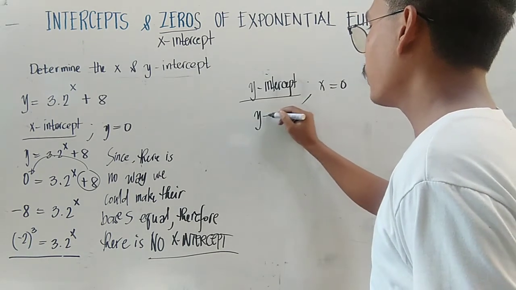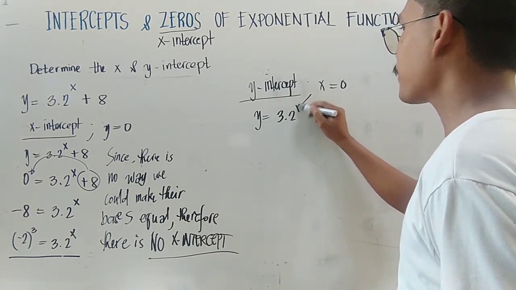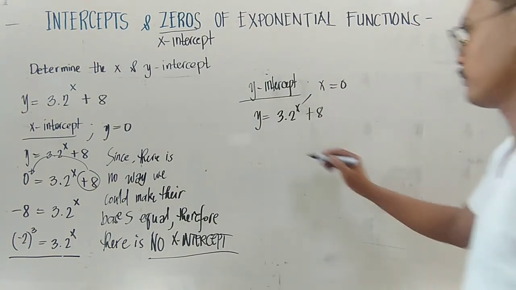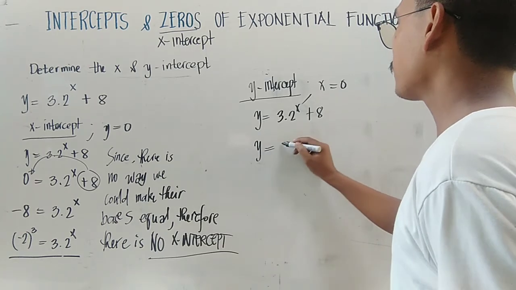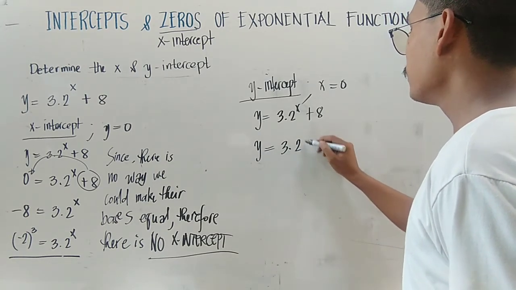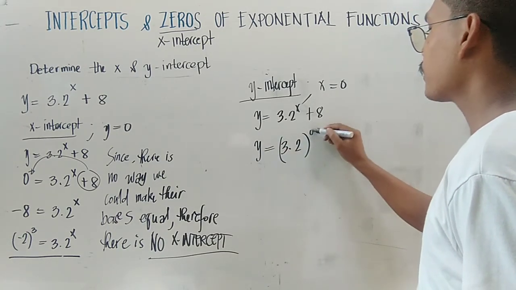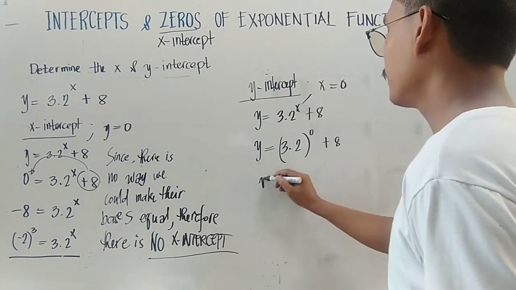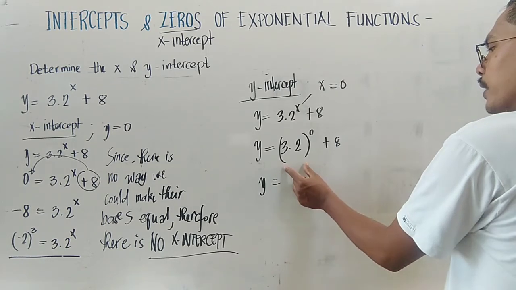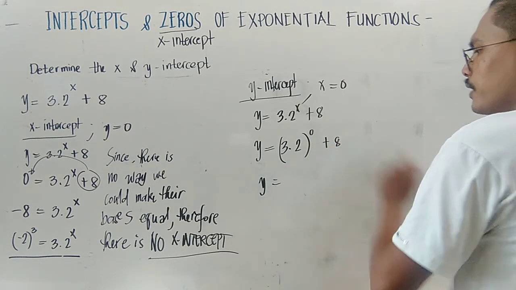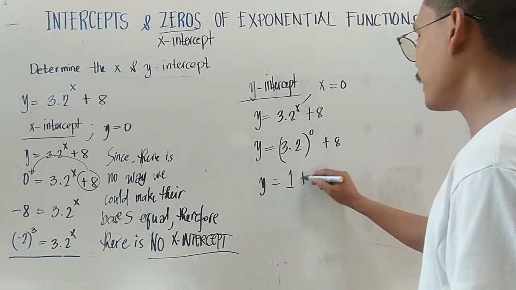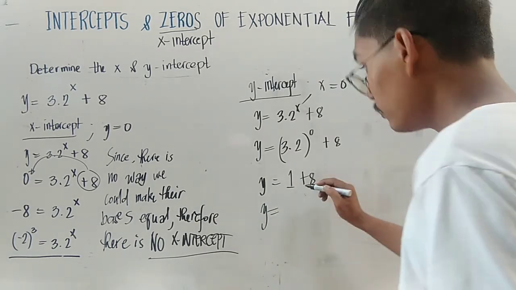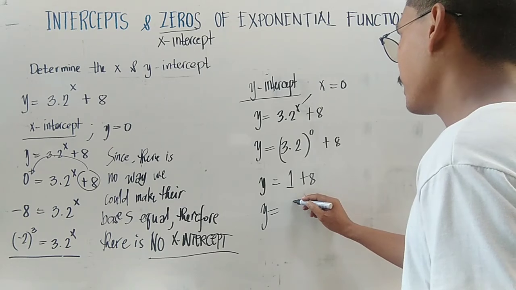Then copying, we have y equals 3.2 raised to x plus 8, and y equals 3.2 raised to x equals 0, then plus 8. Again, any number raised to 0 is equal to 1, plus 8. Therefore, y is equal to 9.